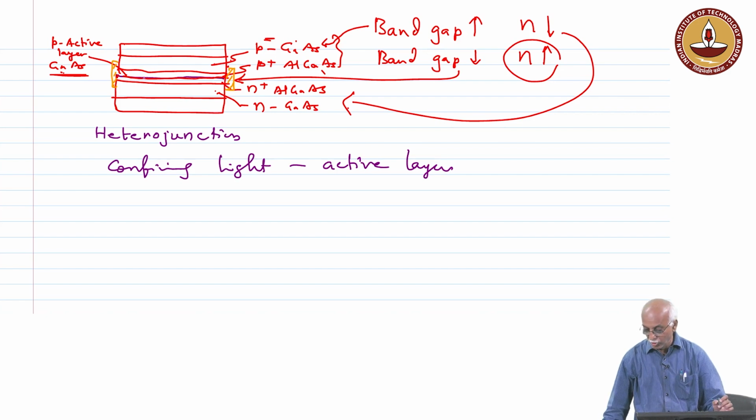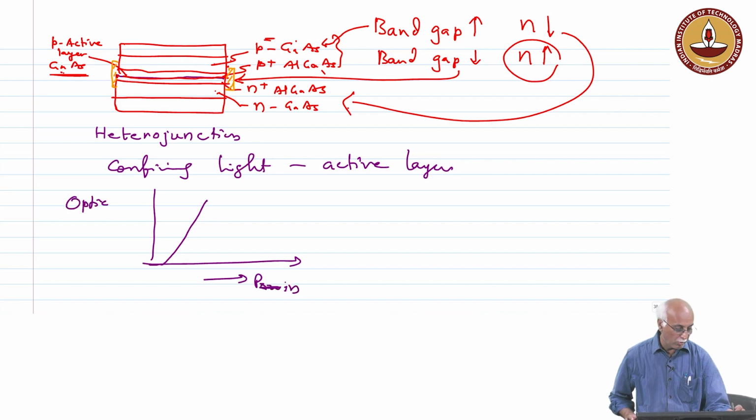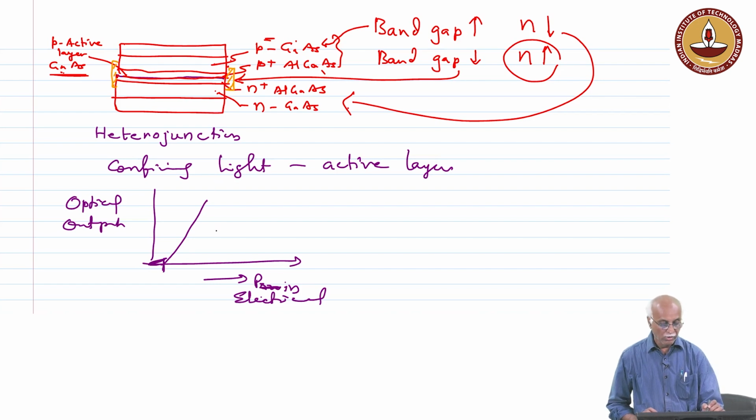So, this results in laser output with a reduced threshold. This is P in, the electrical input, and this is the optical output. The threshold decreases, and hence the photon output is achieved immediately through this.